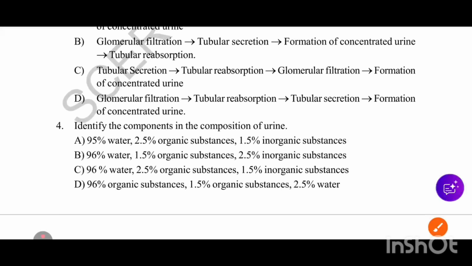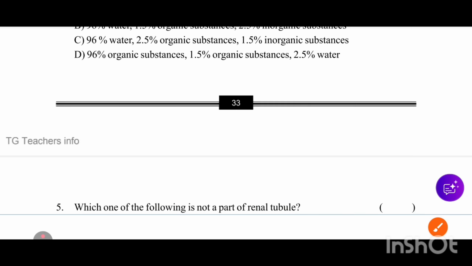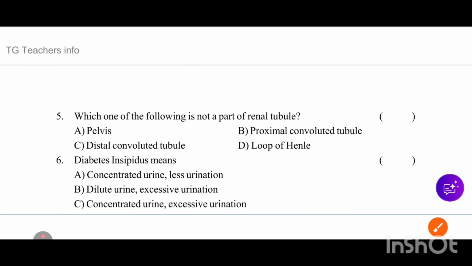Next, the fourth question is, identify the components in the composition of urine. So the right option is C, that is 96% of water, 2.5% of organic substances, 1.5% of inorganic substances. Next one is, which of the following is not a part of the renal tubule?